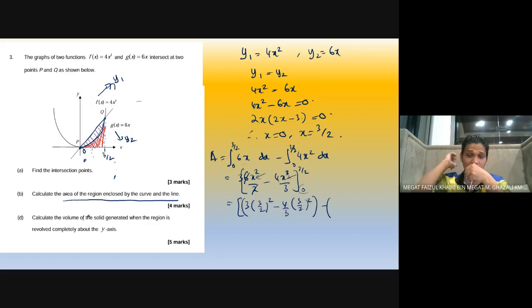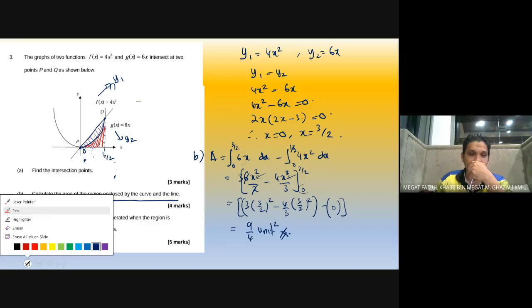If we substitute 0 into both, everything is 0, right? So what's left is 9 over 4 unit squared. Okay, so this is the solution for question B.